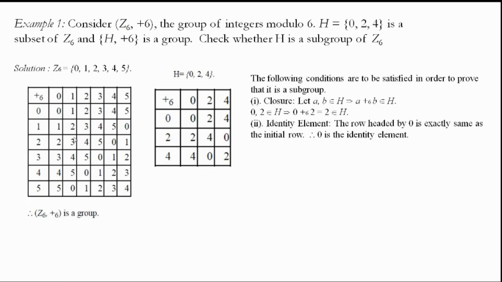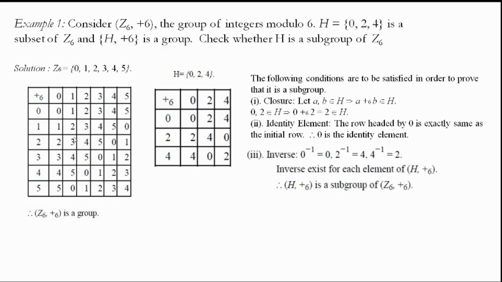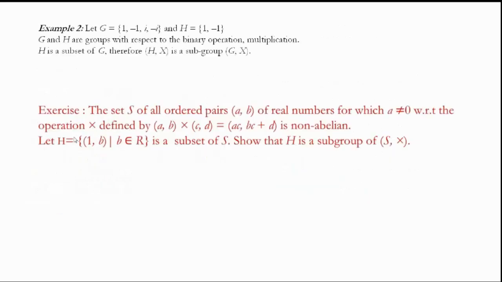So the following conditions are to be satisfied in order to prove that it is a subgroup: closure property for a, b, the identity property, and the inverse property. So I think by this time you have come to know what is meant by subgroup.